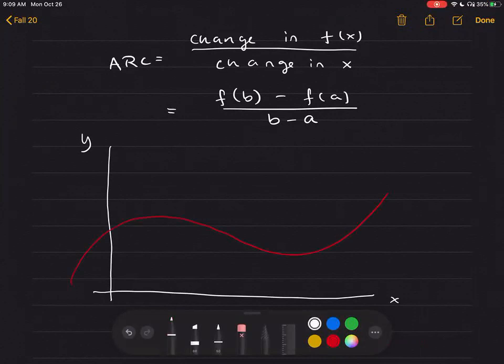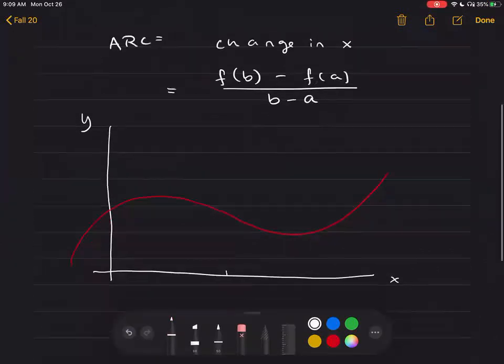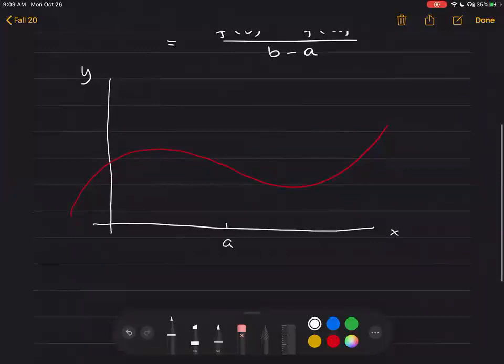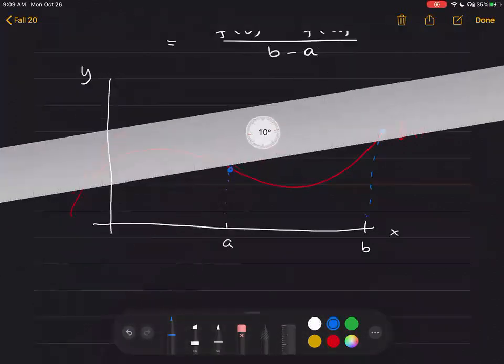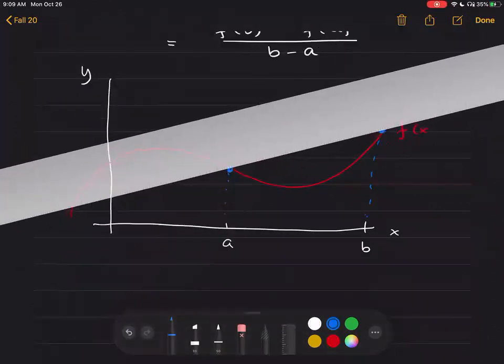And let's say this right here was a, and this right here was b. The average rate of change is describing the slope of the line between these 2 points.